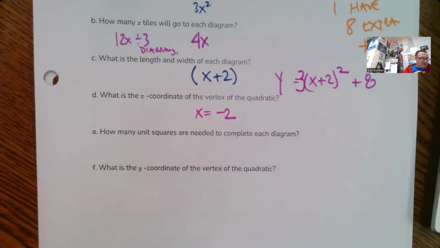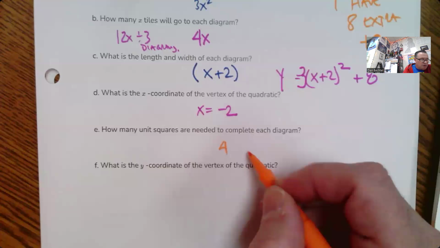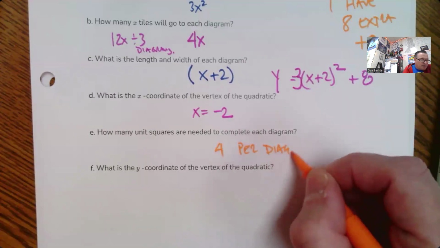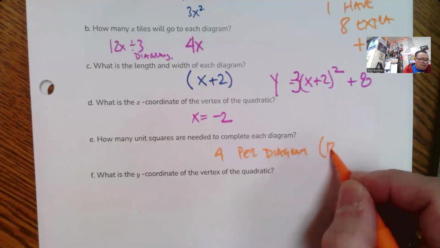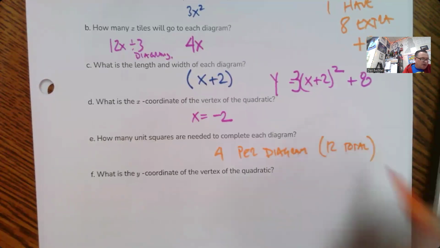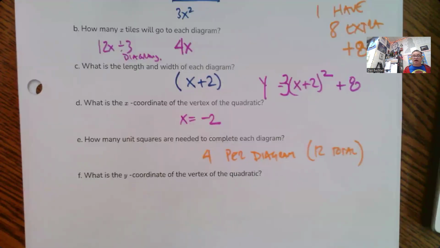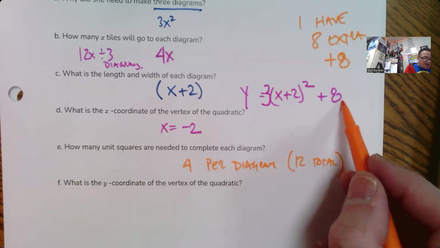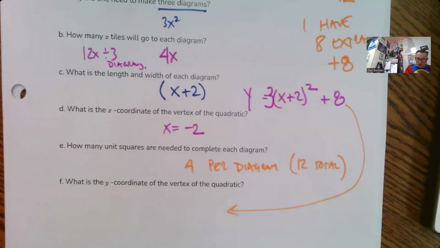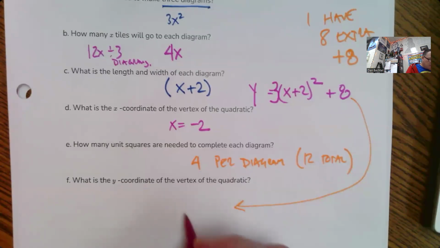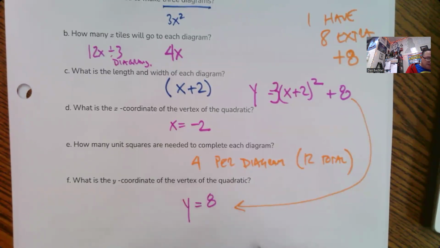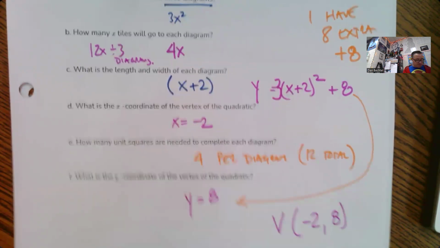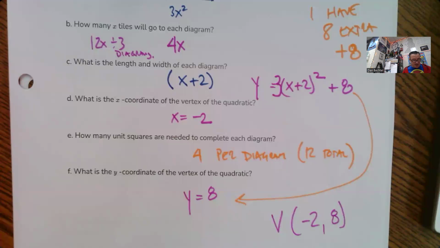I need 4 total, 4 per diagram, or 12 total. And then they ask, what's the y coordinate of the quadratic? They're basically asking you to figure out how many extra you have, which we already did. So my y coordinate is y equals 8, because my vertex is going to be -2, 8. All right, it's got a lot of good stuff there.